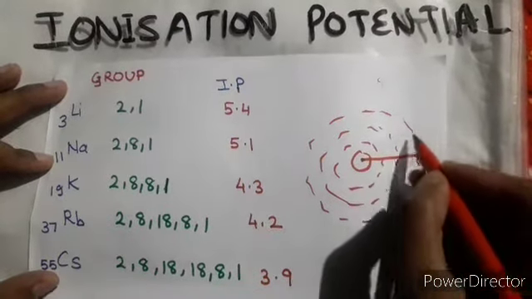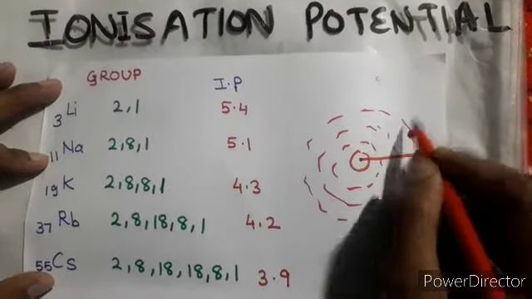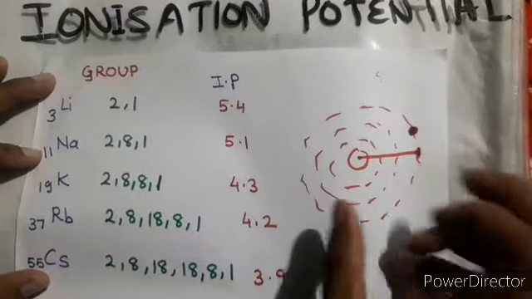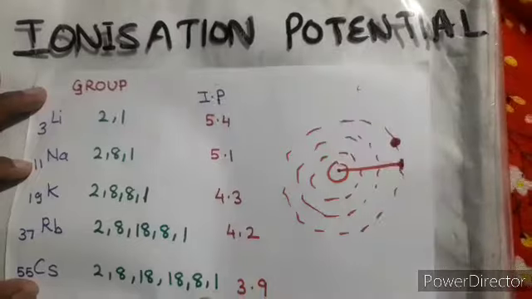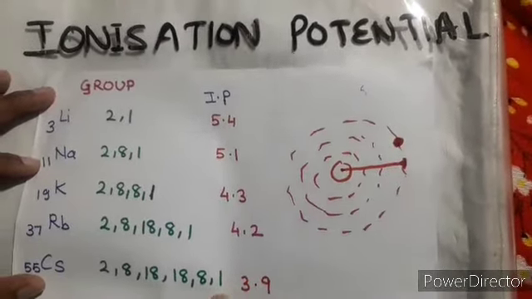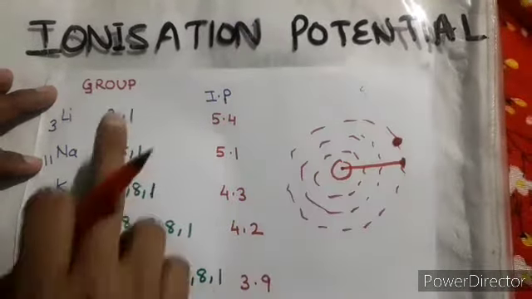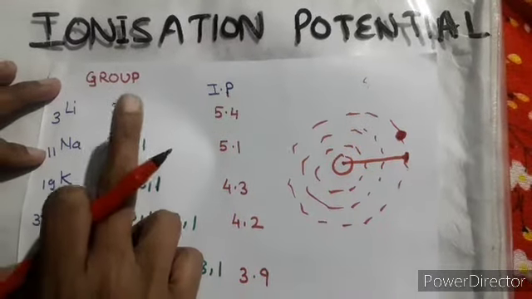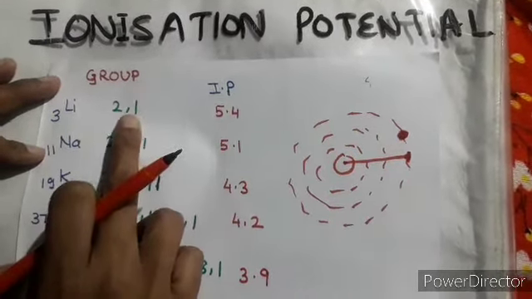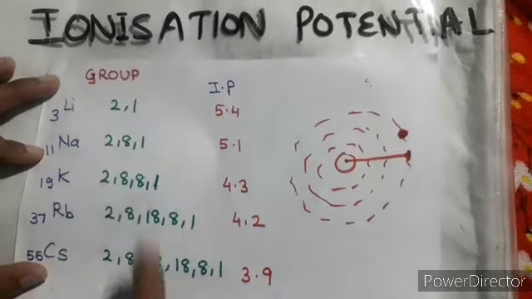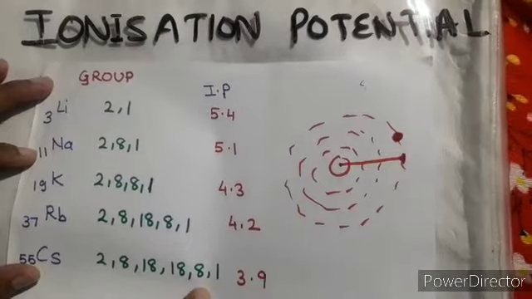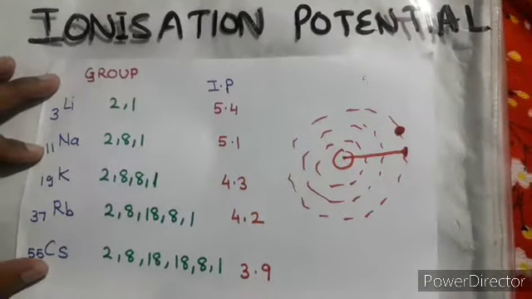So when you want to remove the electron from here, if the distance is more, then you need less amount of energy. Here the distance is big, so you need less energy to remove this electron. But over here we have only two shells, so we need more energy, and that energy is your ionization potential. So I think these two points are clear: why ionization potential is less, and why it is more.